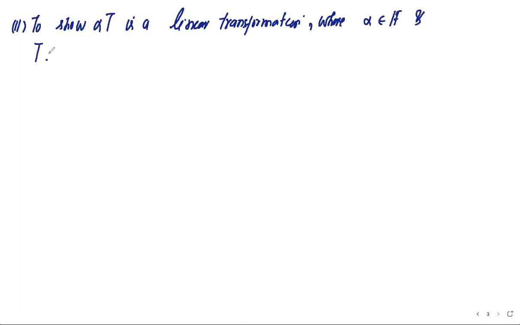Now the second part is to show alpha T is a linear transformation, where alpha is any scalar and T from V into W is a linear transformation.